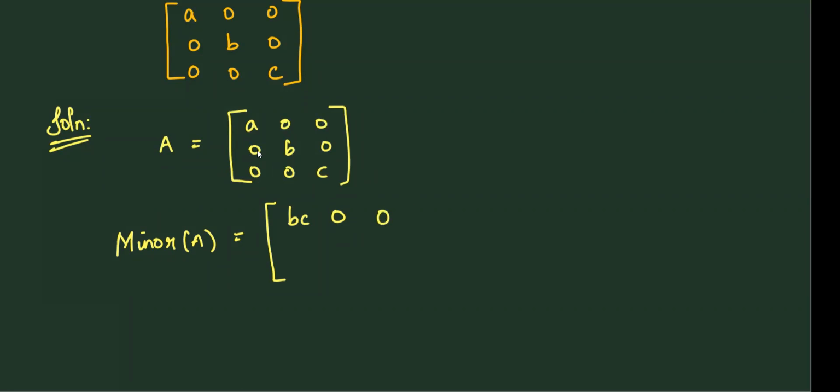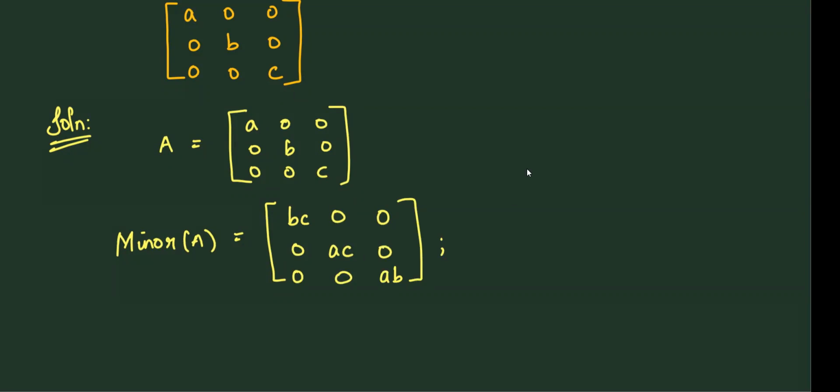Then this 0 is replaced by 0. B is replaced by AC. This 0 is replaced by 0 again. This C is replaced by AB.